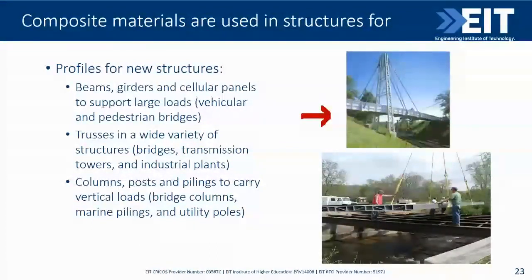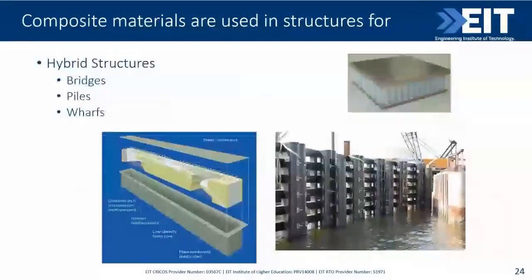and so on. The last case is where composites are used for hybrid structures. So we're expanding this definition even further. What's a hybrid structure? A hybrid structure uses many different materials, not only composite as a material, but combined already on the structural level.